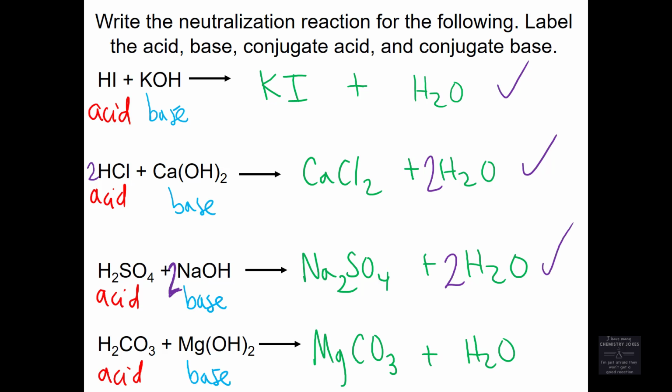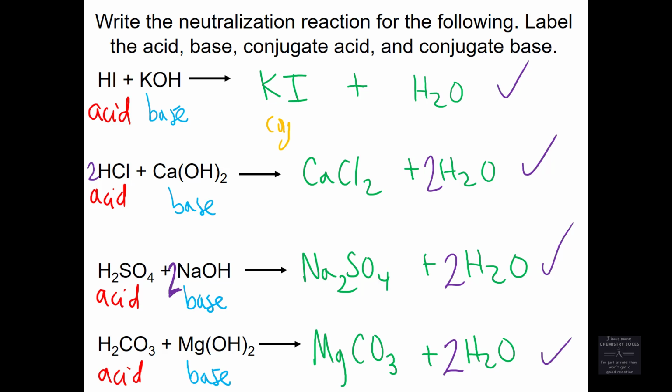And then the last one, 4 hydrogens, 2 hydrogens, that's no good. Now it's 4 hydrogens, 1 carbon, 5 oxygen, 5 oxygen, 1 magnesium. Good. Fantastic. Balanced. So then the really last thing to do is label the conjugate.